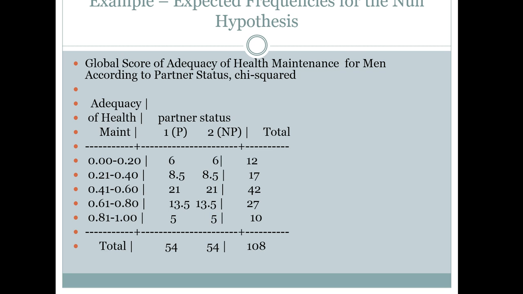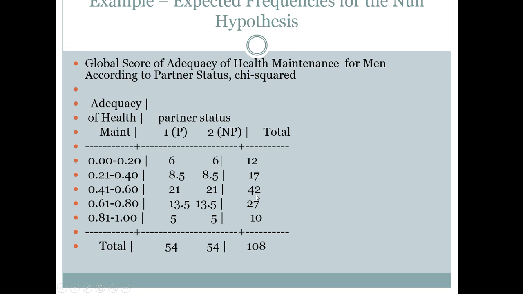And then on the second quartile, right here, if the total is 17, then you divide it by 2, then 8.5 will be for the partnered, and 8.5 for the non-partnered, and the same thing that you do for the next quartile.